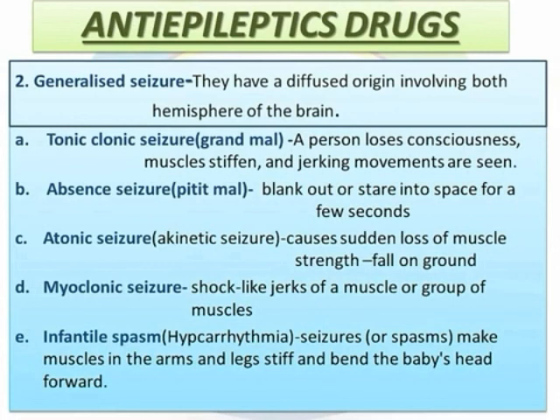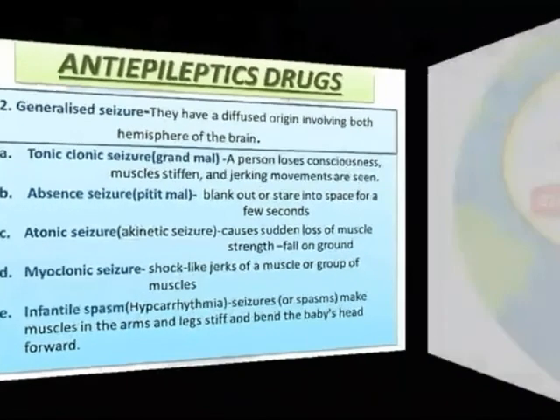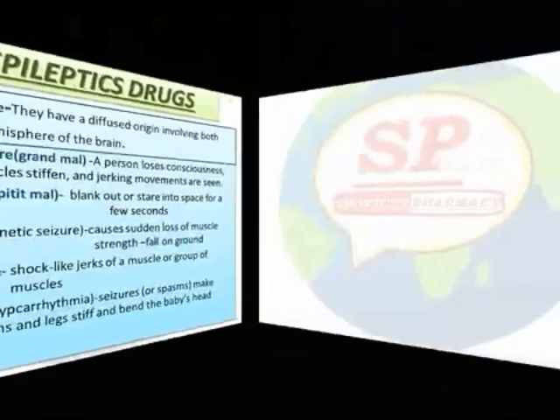And the next one is benzodiazepines, and the examples of benzodiazepines are clonazepam, diazepam and clobazam. Then oxazolidinediones, and the examples of these are trimethadione, paramethadione and ethadione.